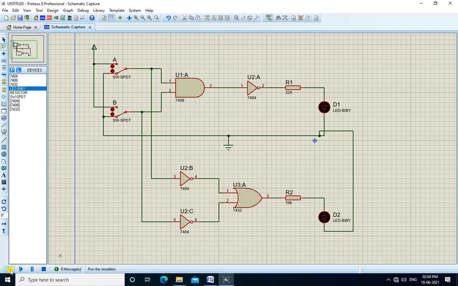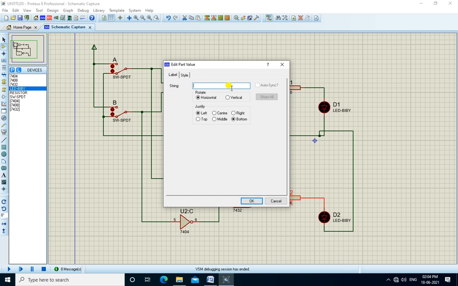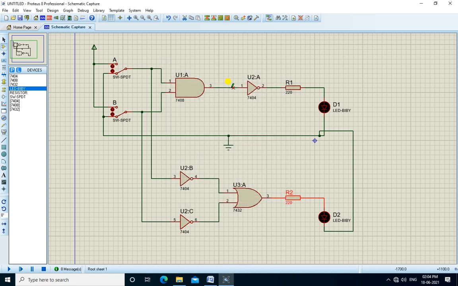Now we will run the diagram. We need to change this resistance value to 220. Okay, so here A is 0, B is 0. Both the outputs are 1, that is, the LED is on. If A is 1, B is 0, outputs are 1, both the LEDs are on.